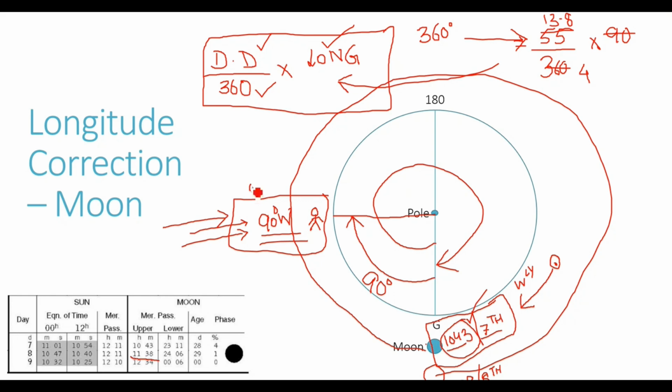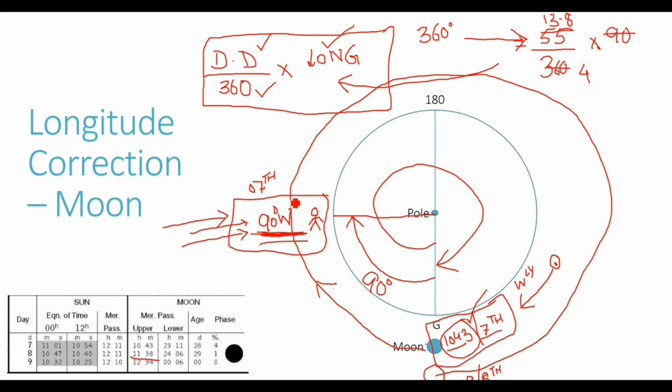After this the moon reaches 90° west, and we will have the meridian passage of the moon on 7th at 90° west meridian. This will be the second occurrence after that. Correct? Everybody agrees? Yes sir, I agree.